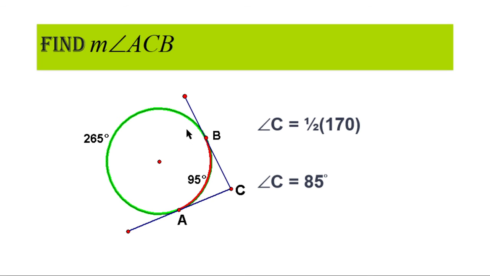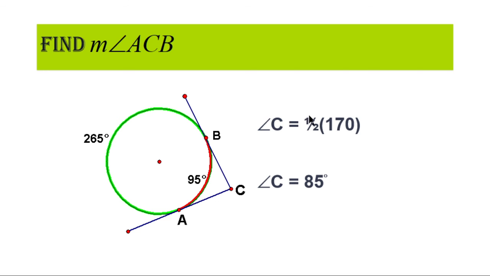And for the second arc, that is also arc BA, that is equal to 265 degrees. So we need to get the difference between 265 and 95. So 265 minus 95 is equal to 170 degrees.